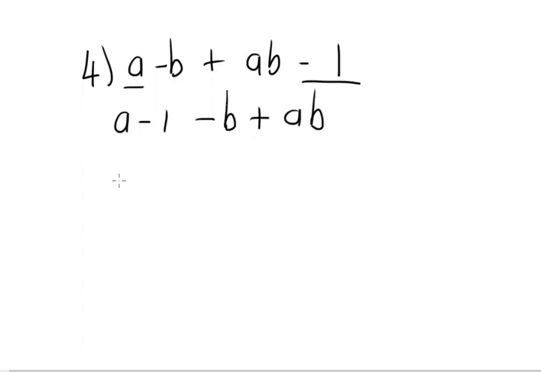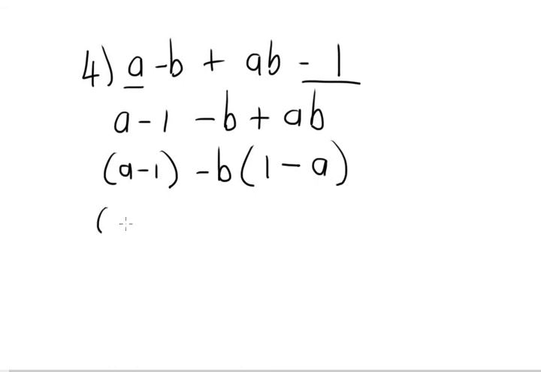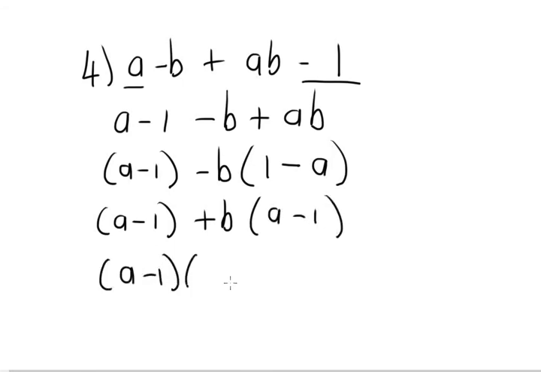So I leave that as a minus 1, but here I can take out minus b as a common factor, I'm left with 1 minus a. And remember from earlier on, what can I do over there? I can say that that's a plus b, and that becomes a minus 1. So then I've got a minus 1 as my common factor, and I'm left with 1 plus b. So that's number 4.